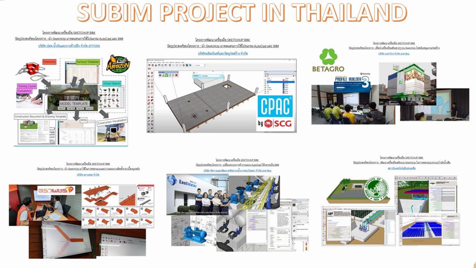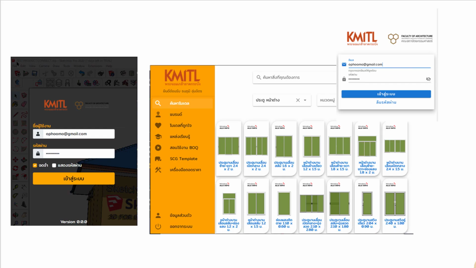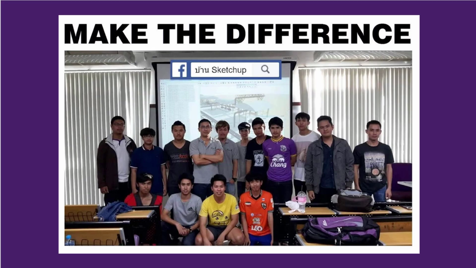Currently, we work closely with 2 companies who want to change to EasyBIM. We also provide technology to universities. Here is one of the most famous universities in Thailand. We do EasyBIM extensions for them.